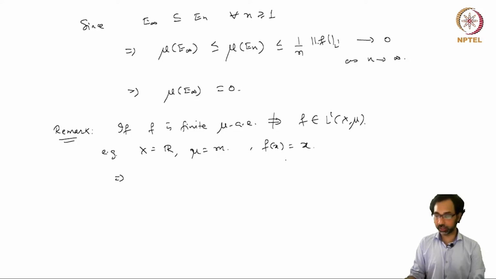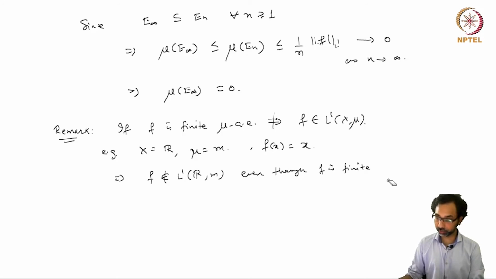We know that this function is unbounded, and so f does not belong to L1 of R, even though f is finite everywhere here, and even if you leave out any null set, f is finite almost everywhere for the Lebesgue measure. So the converse for the second part of the corollary does not hold in general.